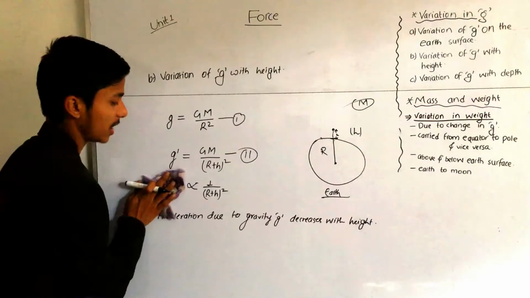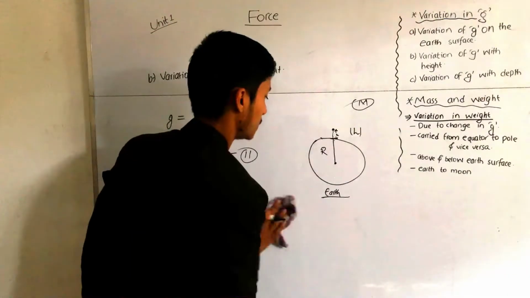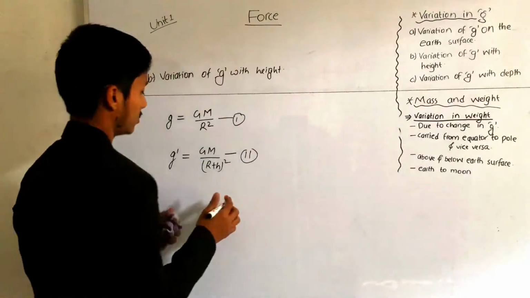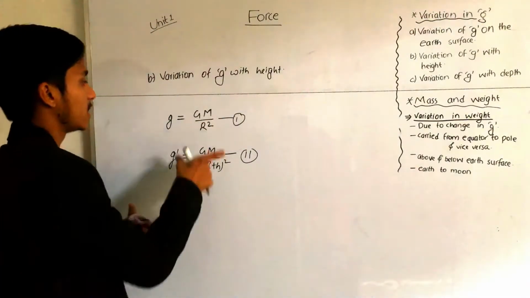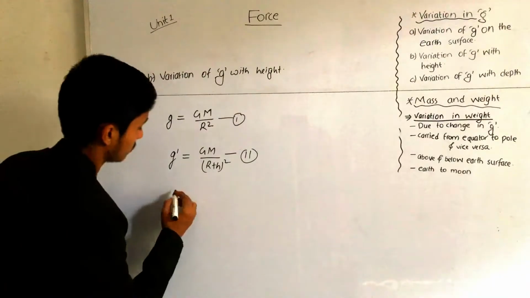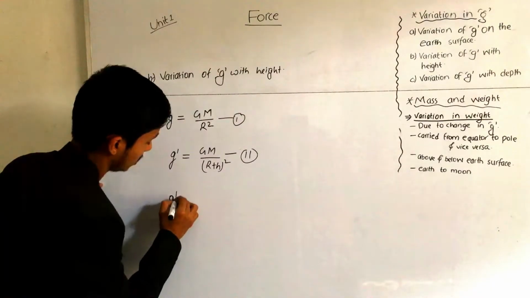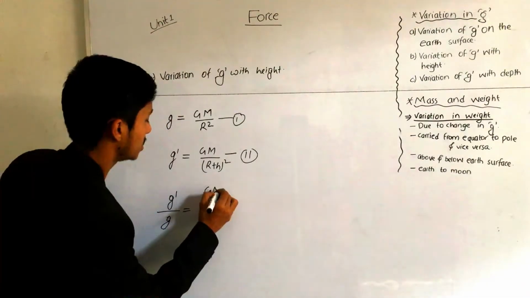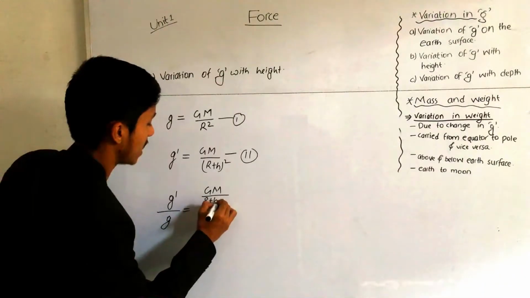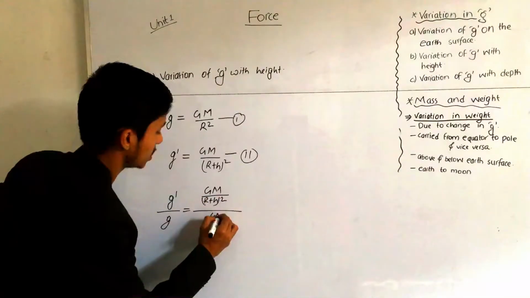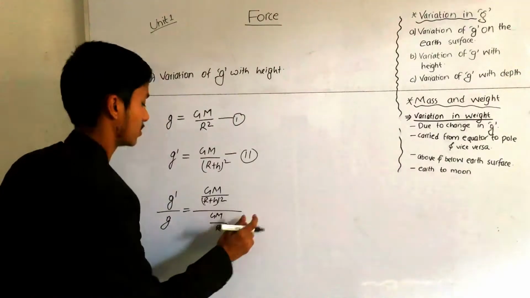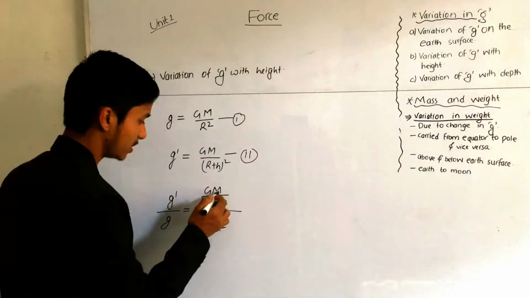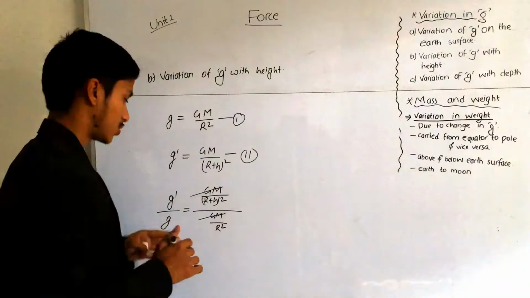Now we go to the simplification. Just divide equation 2 by equation 1. You will get g' by g equal to capital G M by R plus H whole square, divided by capital G M by R square. Here we can see this GM and this GM will cancel each other.